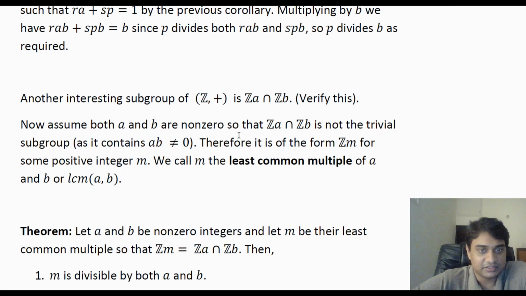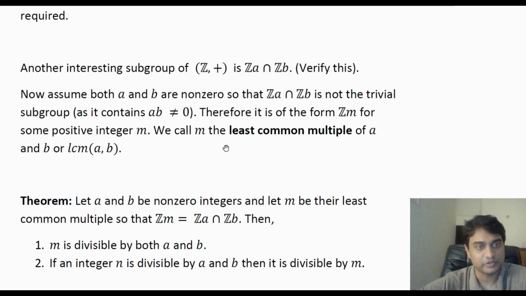It definitely is a subset, because ZA is a set of integers and ZB is a set of integers, and the intersection of sets of integers has to be a set of integers. The remaining three properties are easy to verify. And now assume that both A and B are non-zero.